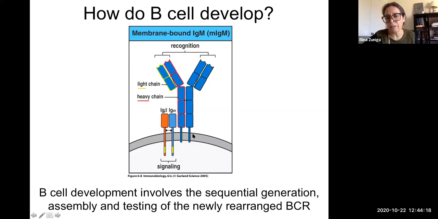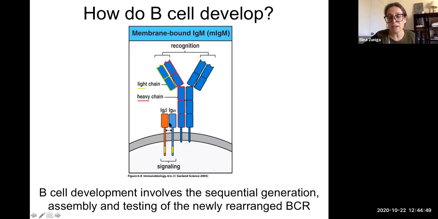The transmembrane domain and the intracytoplasmic sequence of amino acids in a BCR are very short, so they don't induce signaling, and that's why the BCR associates with immunoglobulin beta and immunoglobulin alpha. Please do not confuse this alpha with the alpha that is the heavy chain of immunoglobulin A. This is very different.